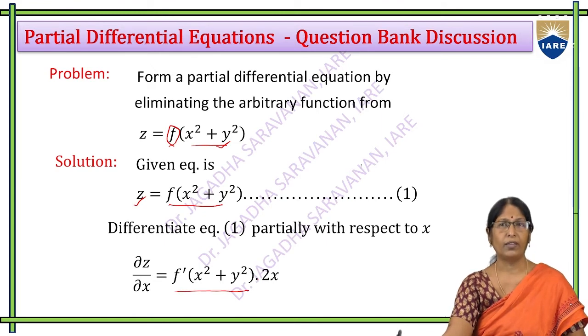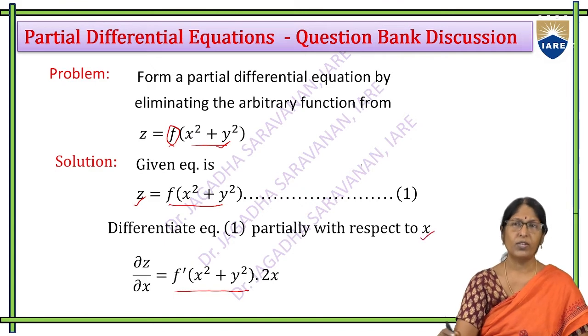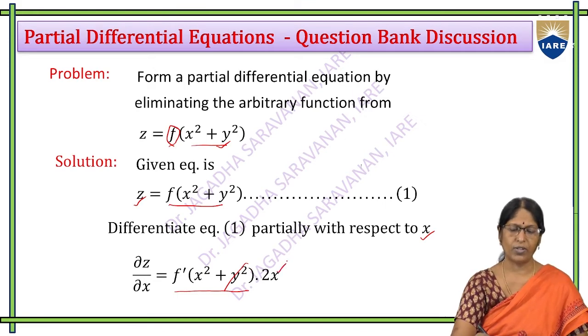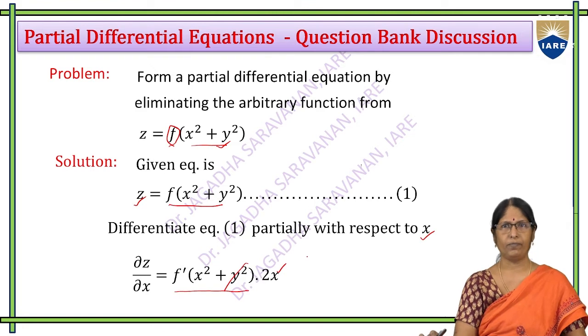Then again, f is the function which is defined in terms of x square plus y square. That we have to differentiate partially. We are concentrating on x, so the y term is completely neglected. The differentiation of x square is 2x.